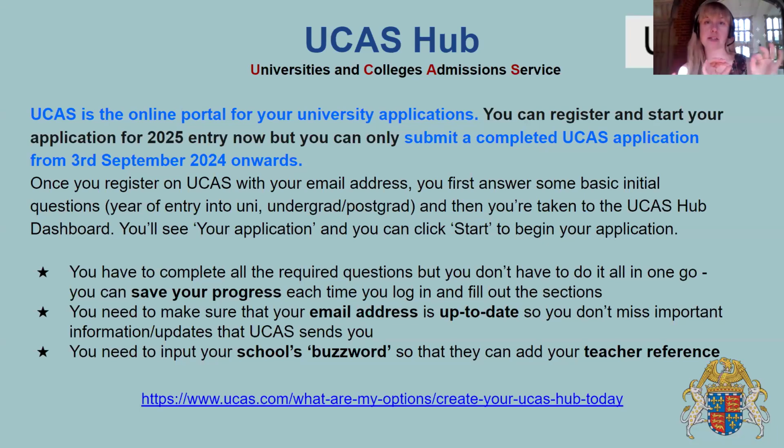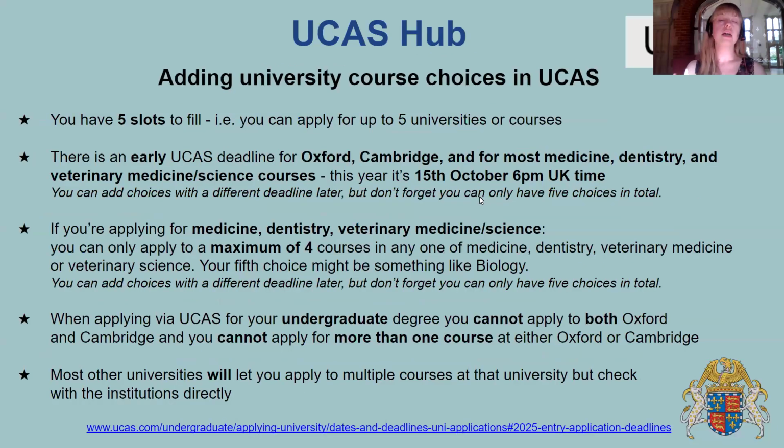That links your individual application to your school or college if you're applying as a current student. What I've linked at the bottom there is an overview of UCAS Hub and how to get going with your application. When you get a copy of the slides after the session, you can click through all of the hyperlinks in these slides.